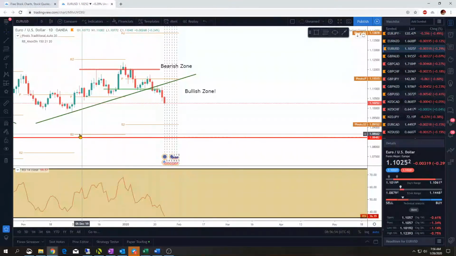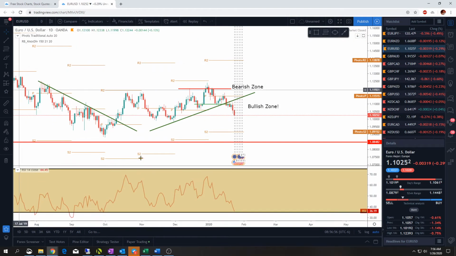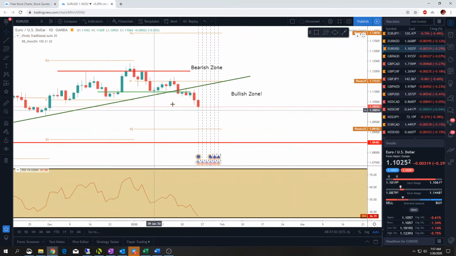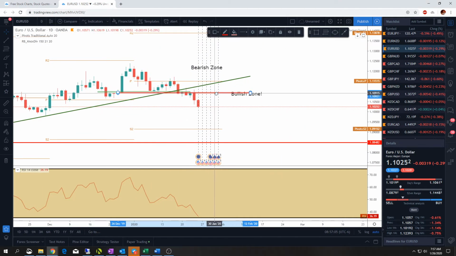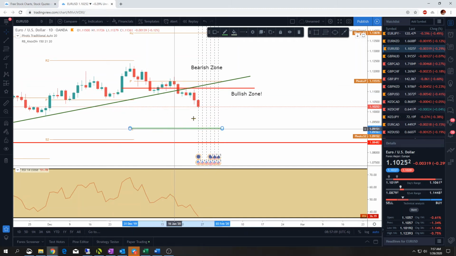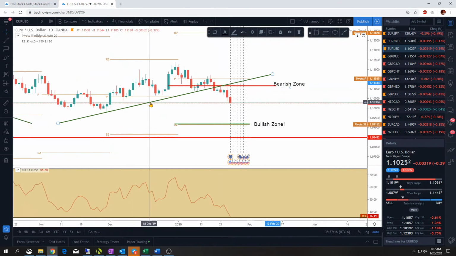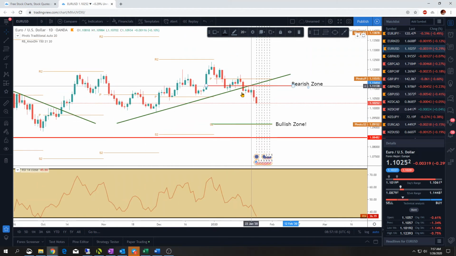Euro USD. All right. So looks like we've got a break of that trend line we were looking for, and bearish it is. So I like bearish here, and I'm not necessarily bullish again until we get all the way down to S2. So this is a good short situation.